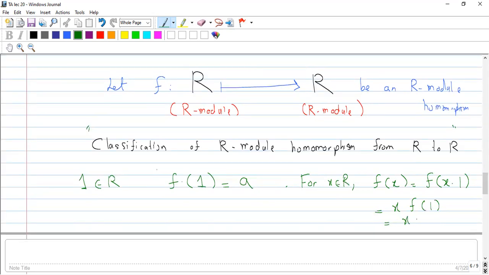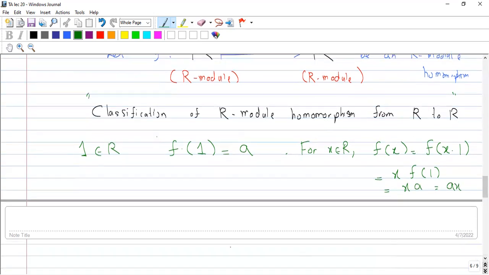So what we proved is that if f of one is equal to a, then the image of any element x is equal to ax, and it is a map which could be defined in this way, जो हमने पहले भी ऊपर देखा था सिर्फ आम modules के लिए.